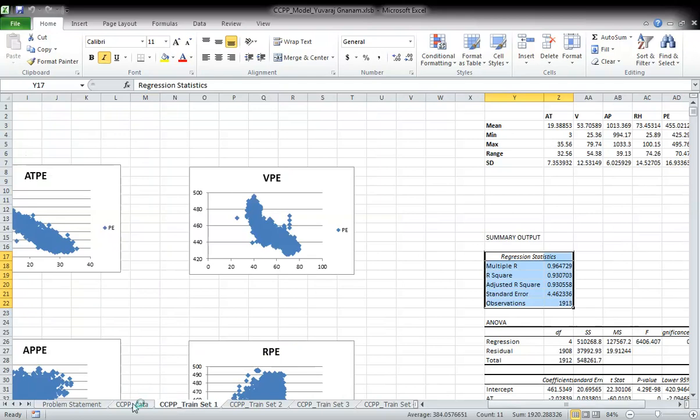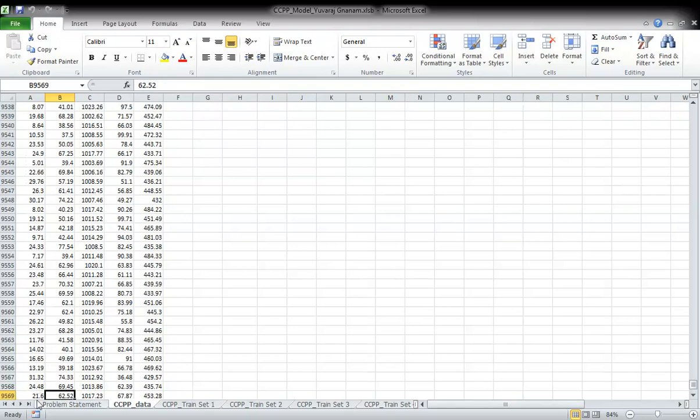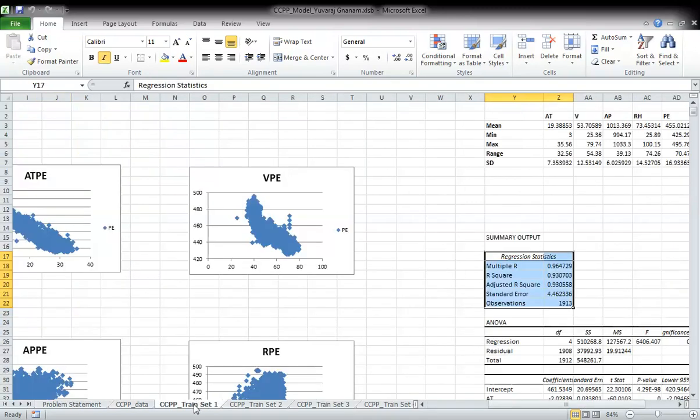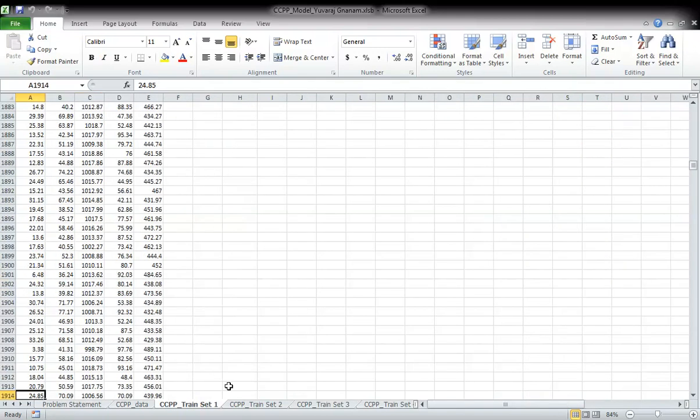And then, as you see here, the entire data still has 9568 data points. So I split it into four different train sets, with 1913 data points each, right?